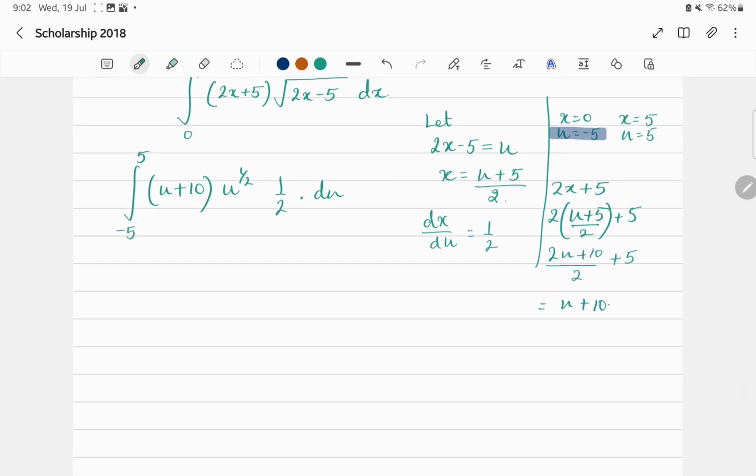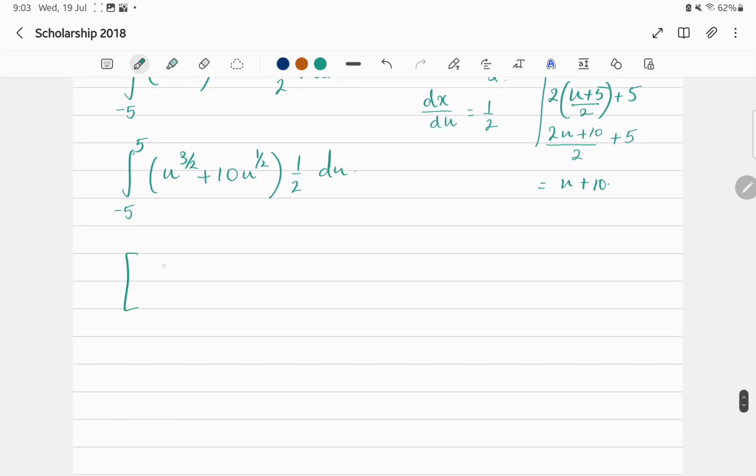We are doing exactly the same as we did in the previous part, so I'm just going through it really quickly. Minus 5 to 5. Expand, you will get u to the power of 3 over 2 plus 10 u to the power of half du.